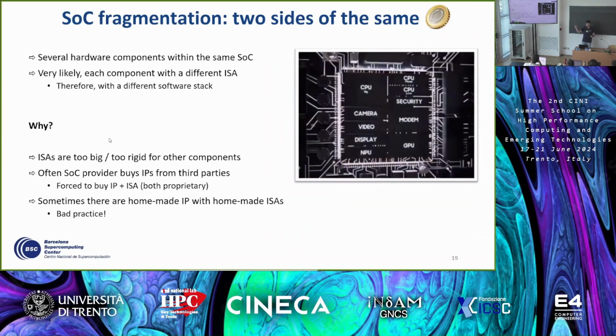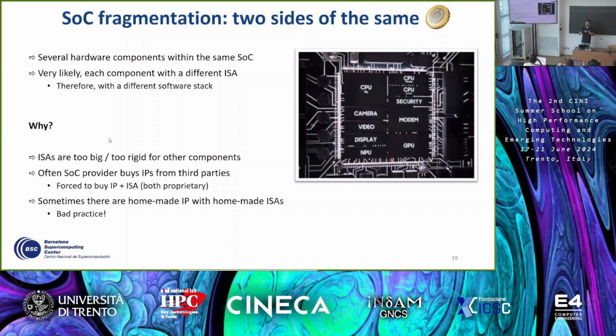Behind this, when you develop a system on chip, there is fragmentation, right? Nowadays, the chip that is inside here is not just one CPU. You have a lot of things, right? You have the camera accelerator, you have the AI accelerator, you have your network modem, whatever.